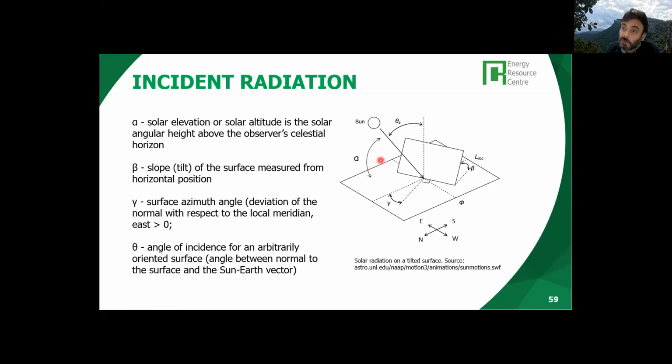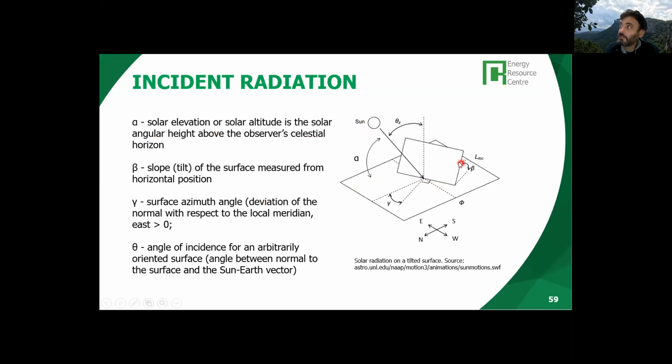When you come to the month of June, for you, the sun is lower. So the alpha angle will be small at the highest moment of the day. I mean, at noon, the alpha angle will be smaller than in December. So this is the solar elevation.